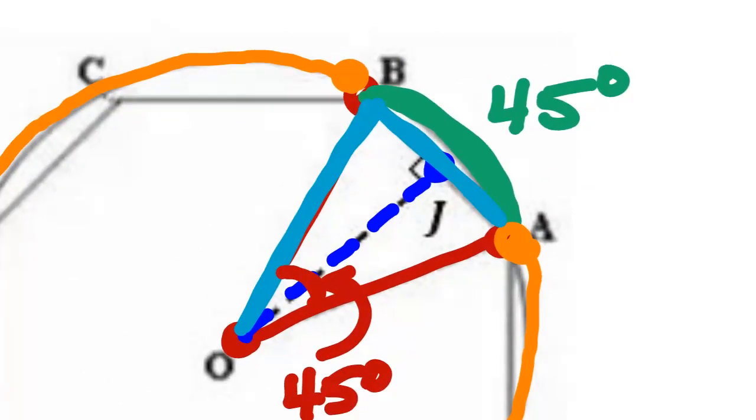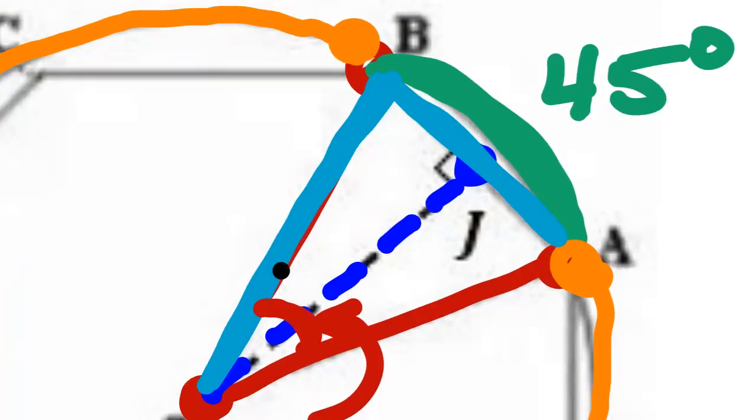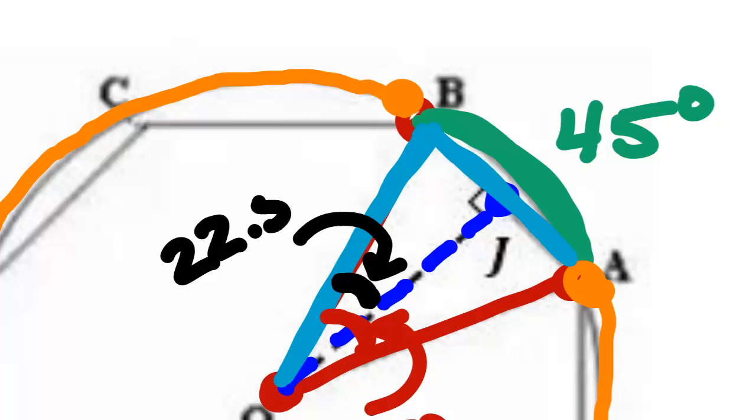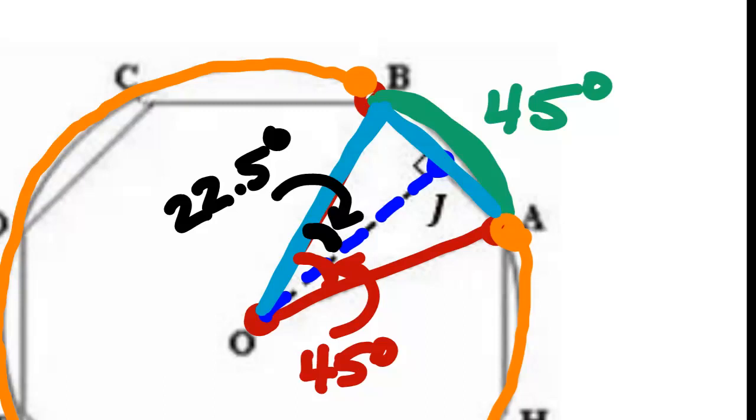So how big is this little bit right here from OB just over to the apothem? 22.5. And this little half over here would also be 22.5 degrees. So together we get that central angle of 45 degrees.